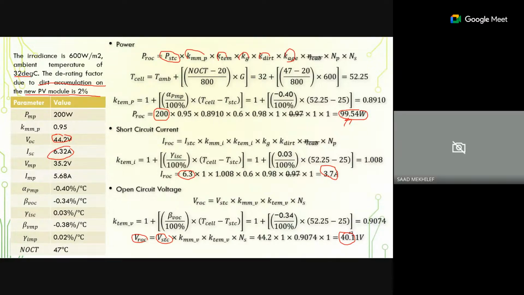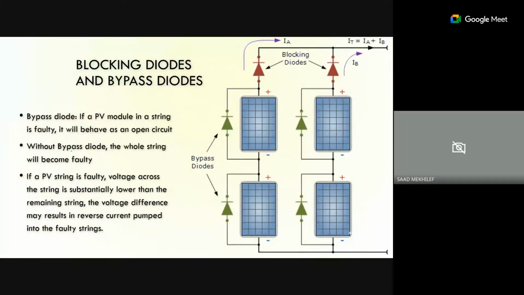But this is actually what has to be calculated in order for you to get an accurate PV system design sizing. Okay. Any questions so far? Please feel free to ask any questions.